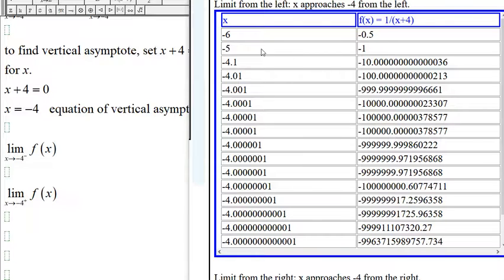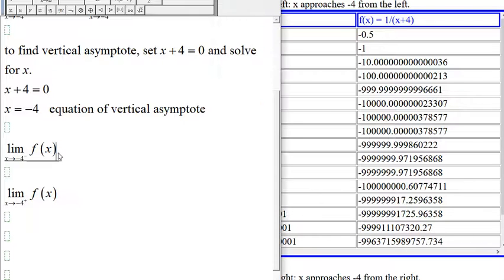When x is negative 5, y is negative 1. As we get closer and closer to negative 4 on the left side, we can see that the y values are getting larger and larger in magnitude. So we can tell that this is going to negative infinity.